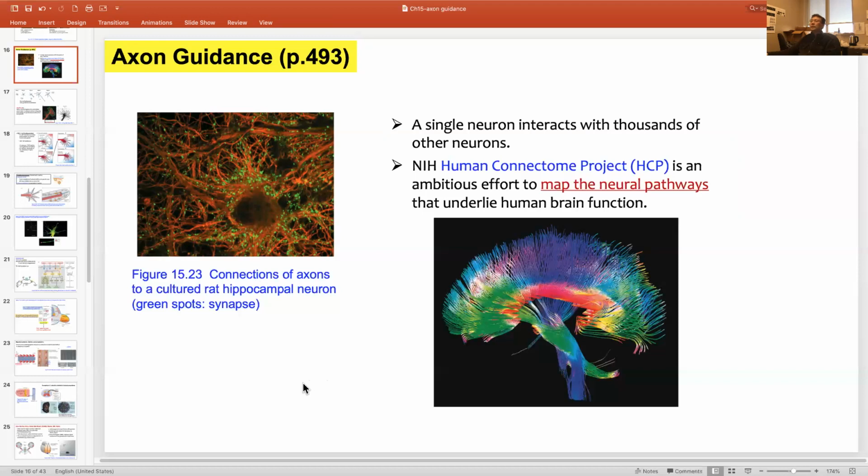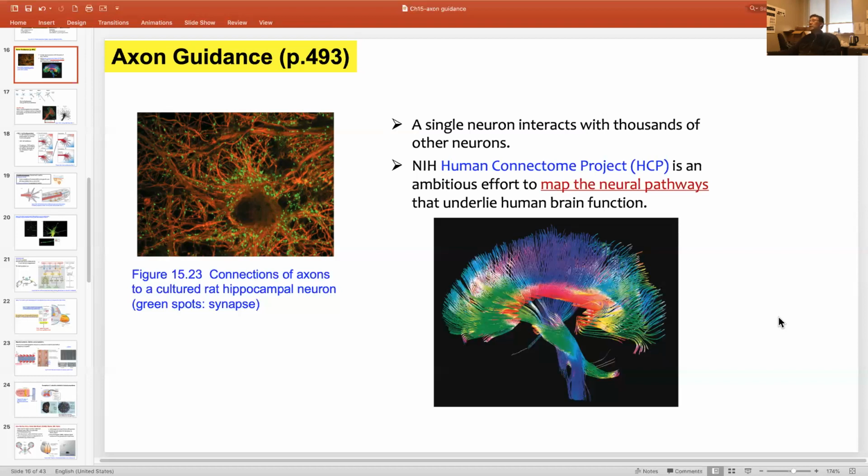You can go into graduate school or medical school in the neuroscience area, and then you can participate in the project. I don't know how long it's going to take to finish this project, or whether we will ever be able to finish it.